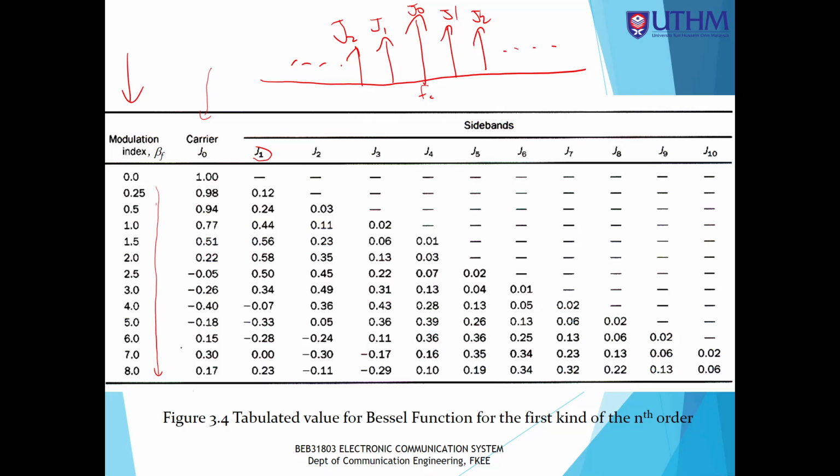So the general equation is Jn equal to Vn over Vc. Vn is the actual amplitude, divided by Vc, so you get a relative amplitude. Relative amplitude here means relative to the carrier amplitude, so J has no unit.